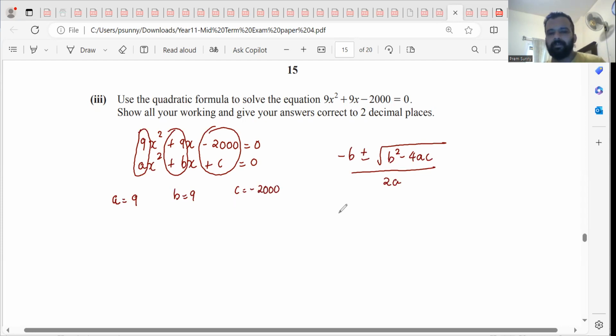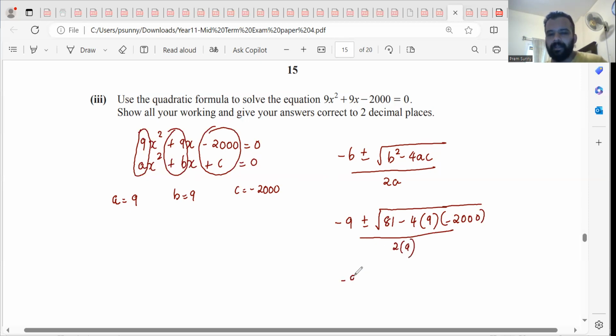Now you just have to put them in this formula. b is 9, so minus b will be minus 9, plus or minus root of b square. b square will be 9 square, 81, minus 4 into a is 9, c is minus 2000, the whole thing divided by 2 into a, 2 into 9.